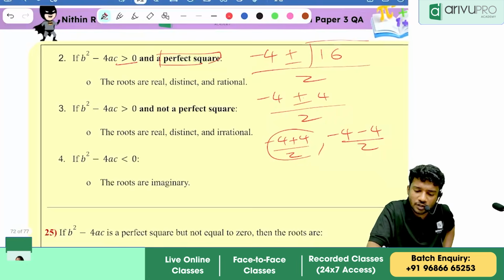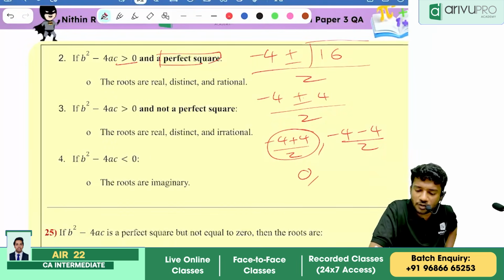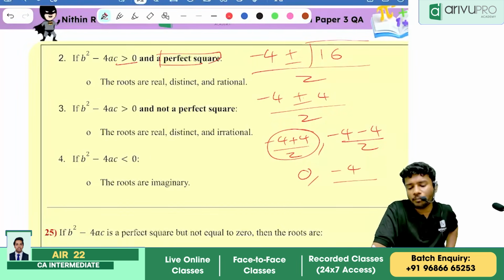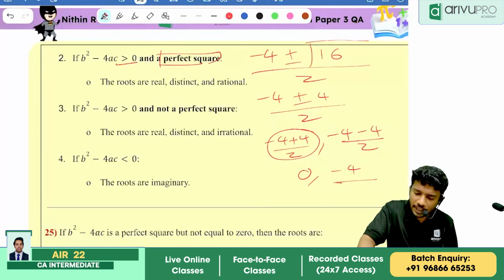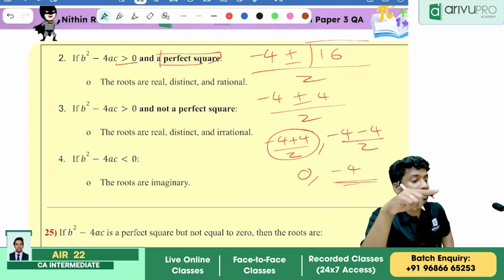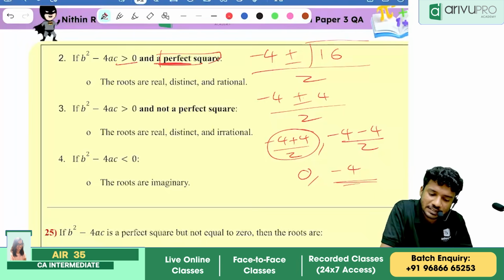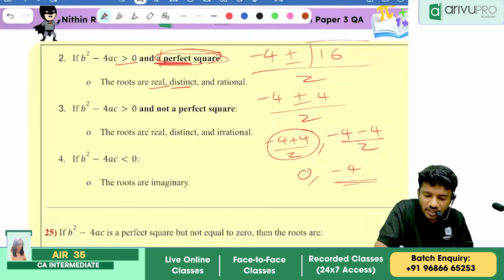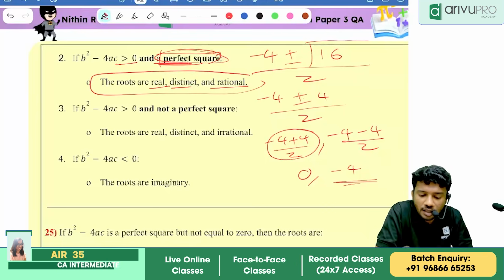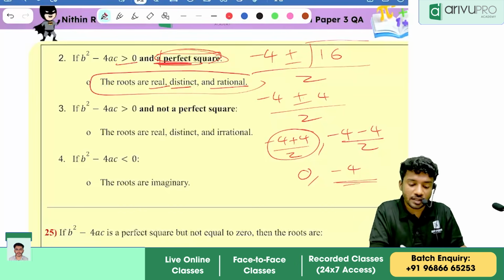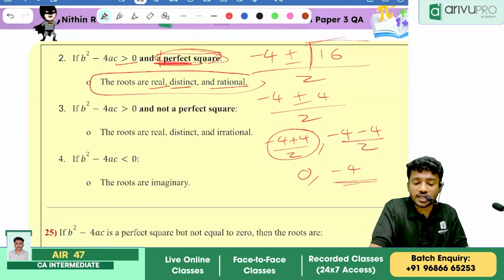So the first root is 0. The second root is minus 4 minus 4 by 2, which is minus 4. The roots are 0 and minus 4. So whenever it is greater than 0 and a perfect square, the roots are real, distinct and rational. When will they be irrational? When there is a root sign involved.